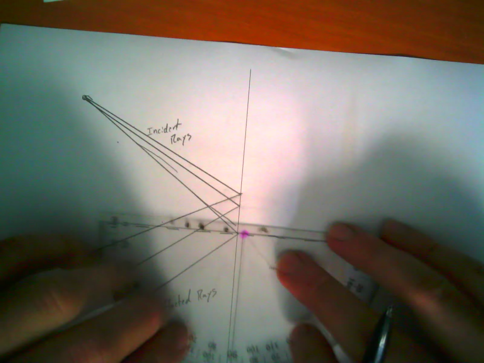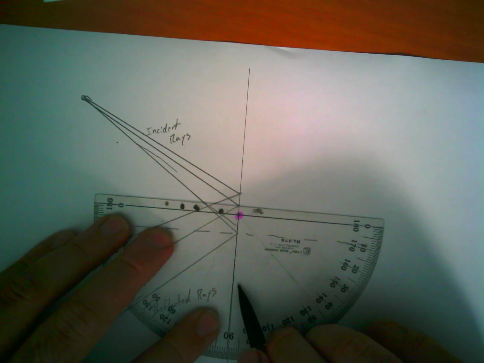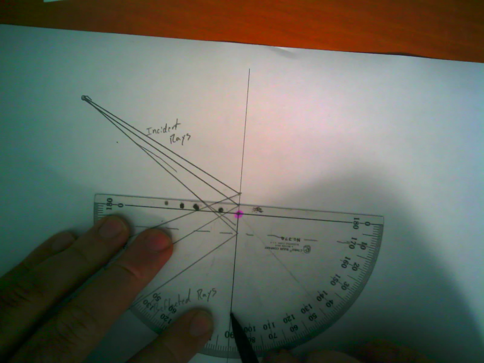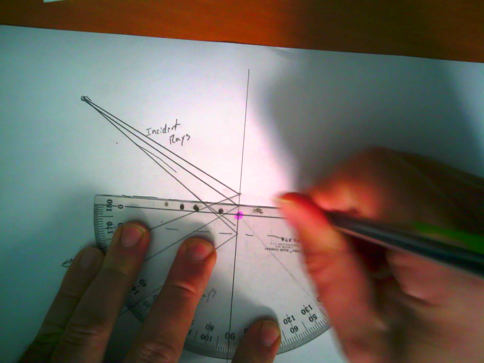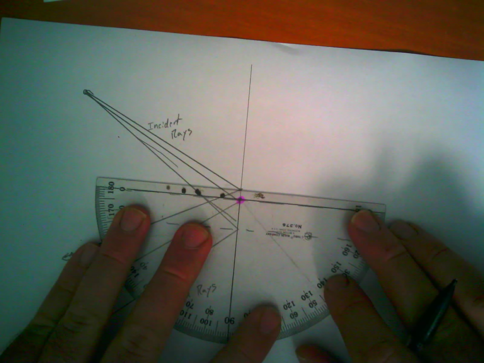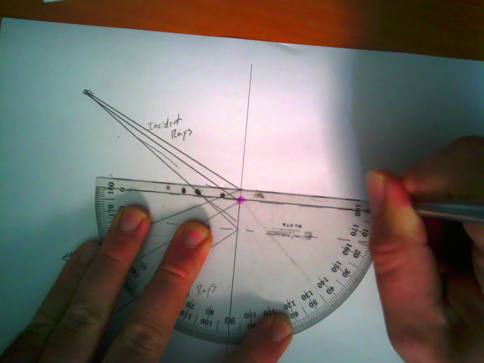Let's make another. For my next ray, again, I'm going to make it so the line on my protractor is right on the mirror line. And so I'm going to get a 90-degree perpendicular line. Okay.